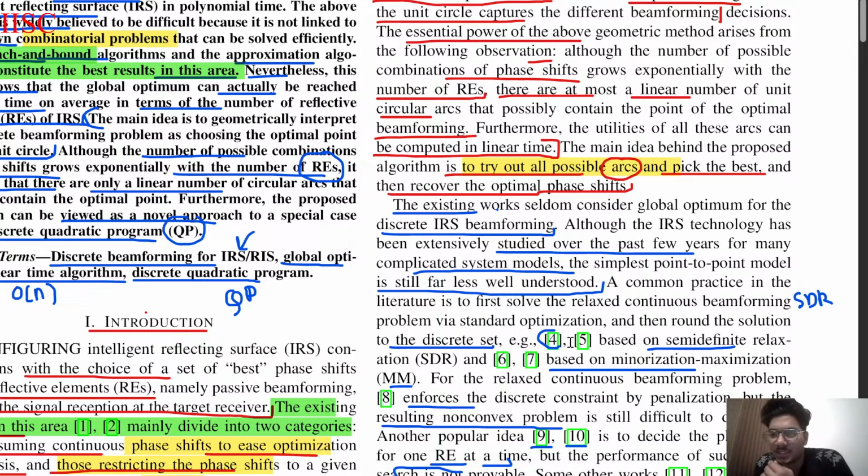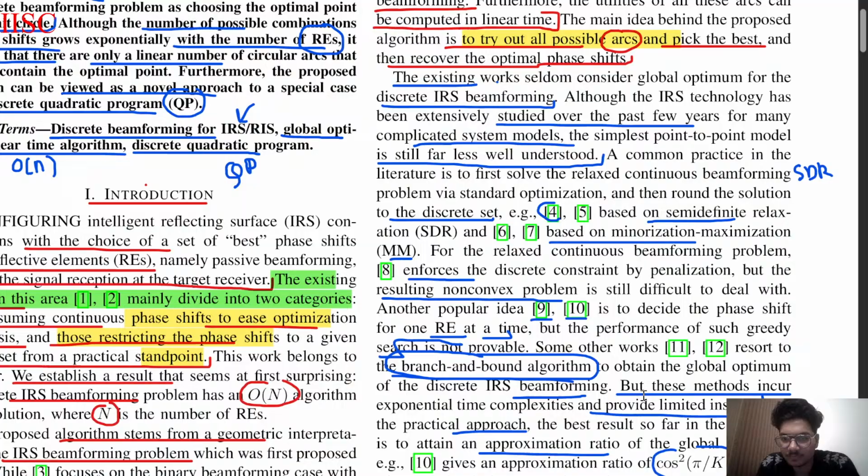The common practice is to solve the relaxed continuous beamforming problem by standard optimization, and semidefinite relaxation based on minorization and maximization for the relaxed continuous beamforming problem. But these methods incur exponential time complexity and provide limited insight.